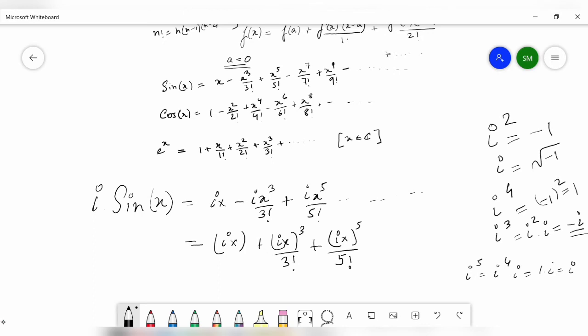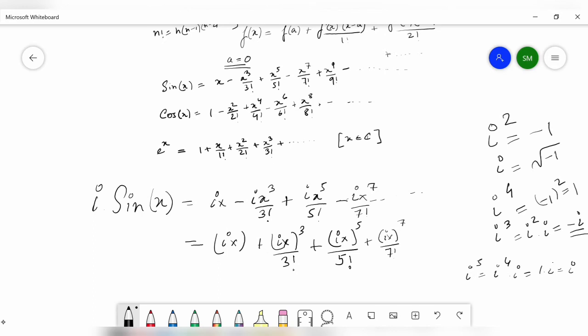Easy, right? And you would see the next term was minus ix to the power 7 divided by 7 factorial. So this can also be written as ix whole to the power 7 divided by 7 factorial.